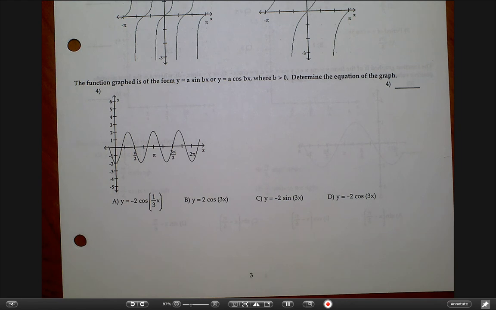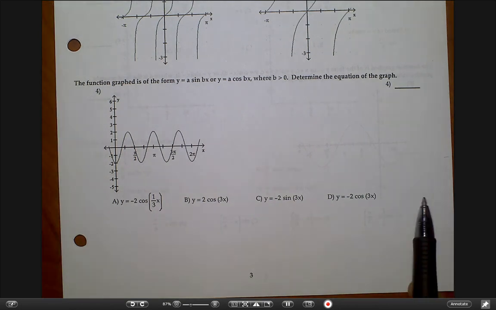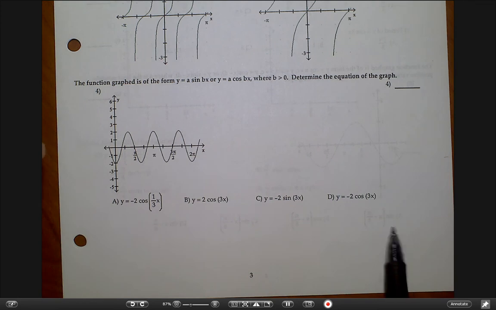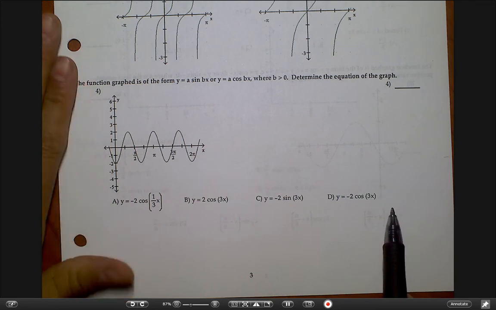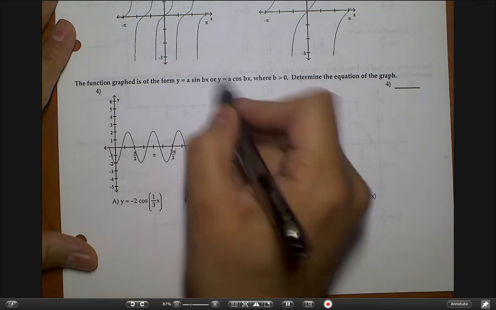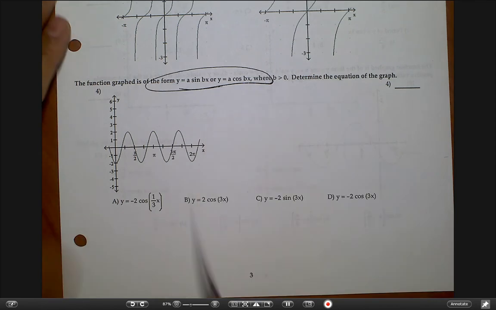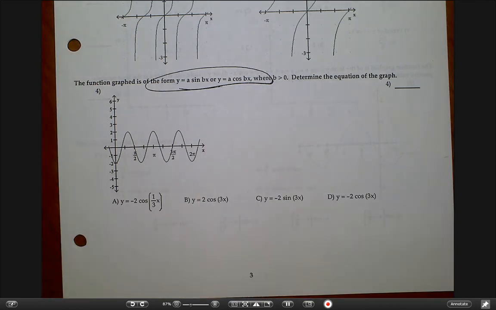No. Okay. Let's take a look. So, couple things. Is this going to be a sine or a cosine? Cosine. Let's take a look. You guys, it's either going to be a sine or a cosine. Because look, it says right here, sine or cosine. Where sine always starts at 0, cosine starts at the amplitude, right?